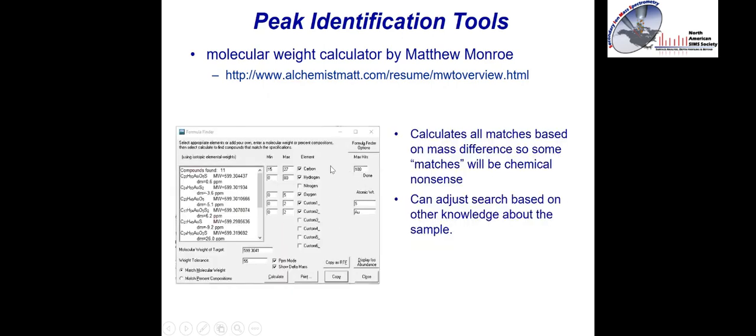It also has a formula finder where you can put in a target mass and an error, and you can even type in what types of elements you think would be present and give a range of how many of those elements. Basically it calculates matches based on combining atoms that match that mass. It is important to know that that's what it's doing, because it can make matches that are complete chemical nonsense.